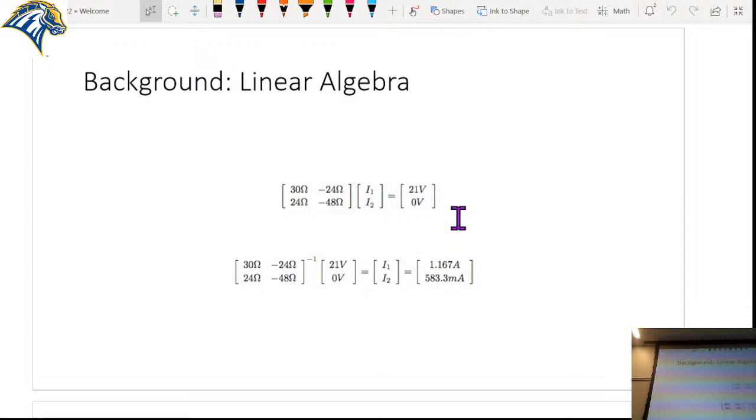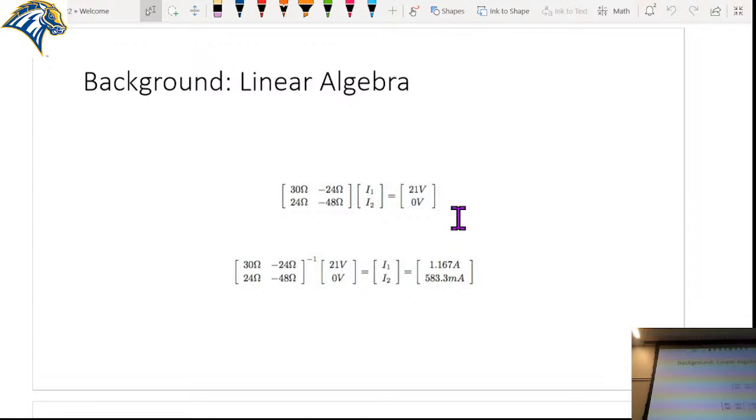Right? So instead of Ohm's law being V equals IR, Ohm's law ends up being V equals minus IR. But that's an explanation. It turns out it's a little bit more natural when we actually apply mesh analysis or nodal analysis.